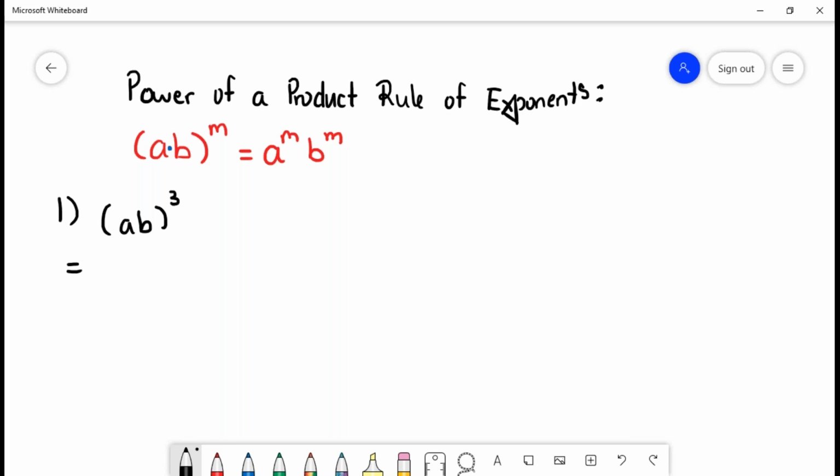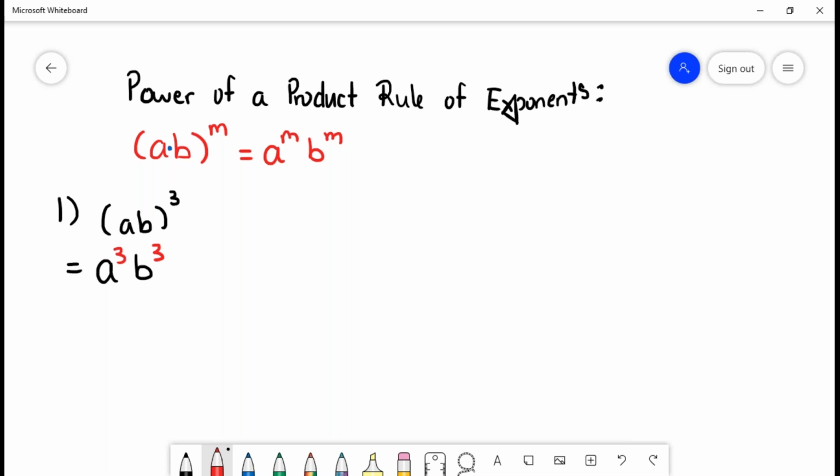So here we have a and b. We need to take this power 3 and apply it to a, so we have a to the power of 3. But also this value of b, which is multiplied with a, and that's why we can use the power of a product rule of exponents, we also need to raise to the central power of 3.